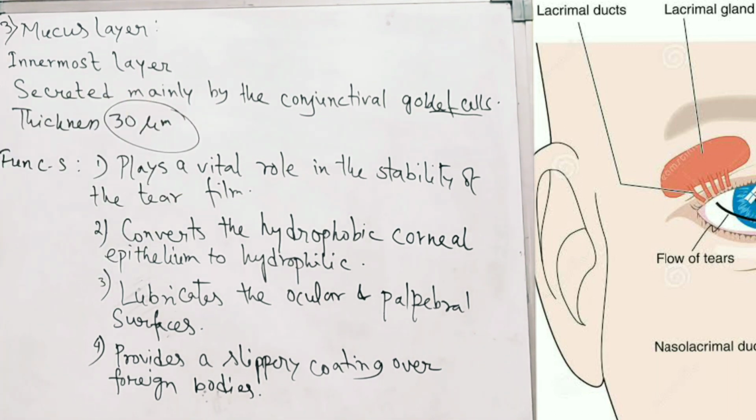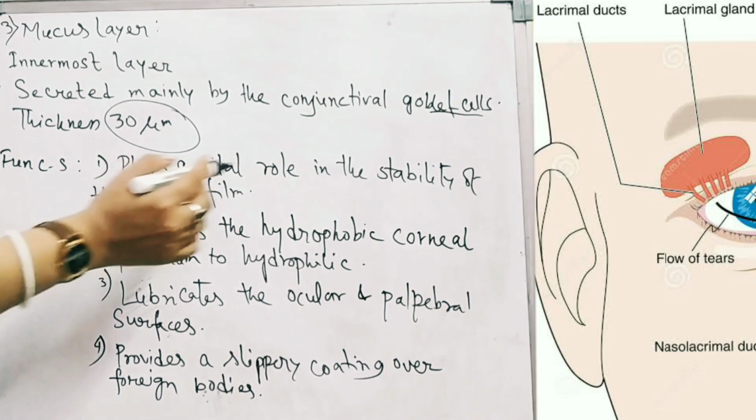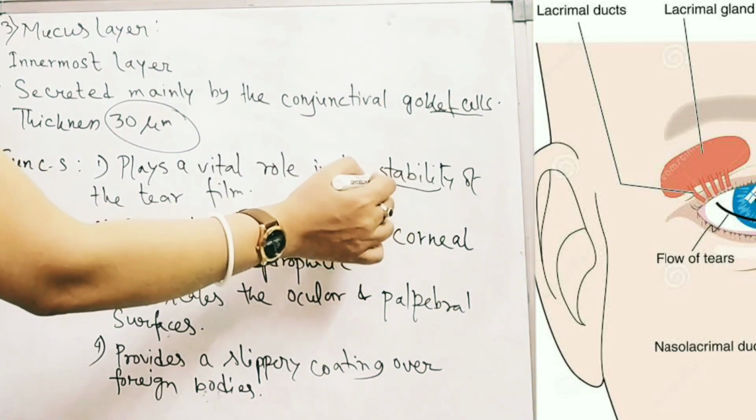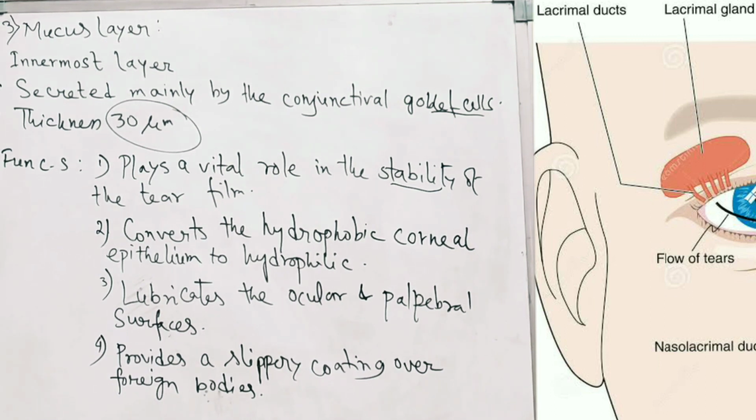Now what about the function? What does the mucus do? Basically mucus is a slippery kind of fluid which is secreted from the layer, and it plays a vital role in the stability of the tear film. It converts the hydrophobic corneal epithelium to hydrophilic. Hydrophobic means which repels the water, and hydrophilic means which attracts the water.